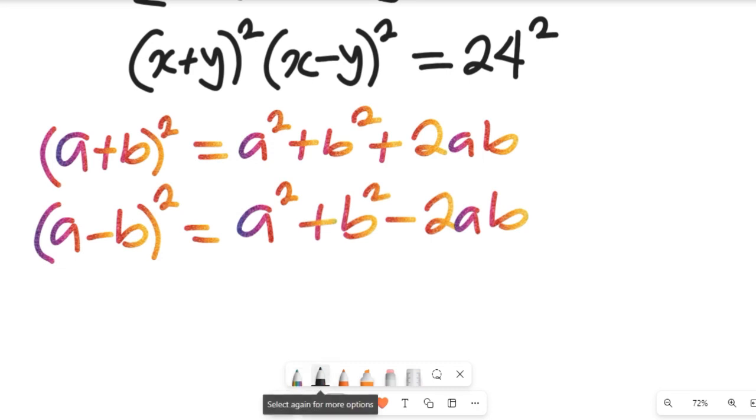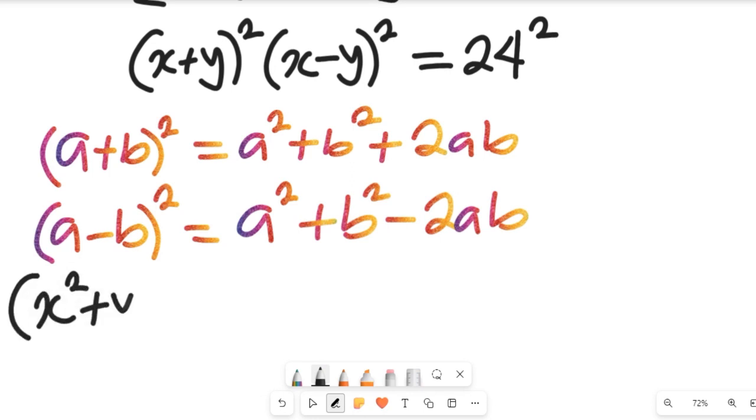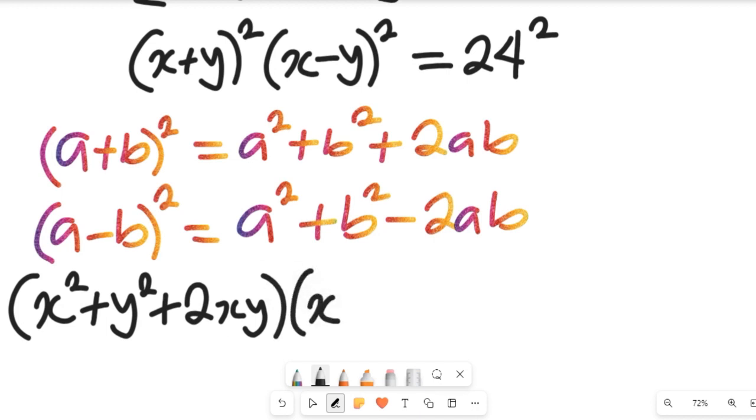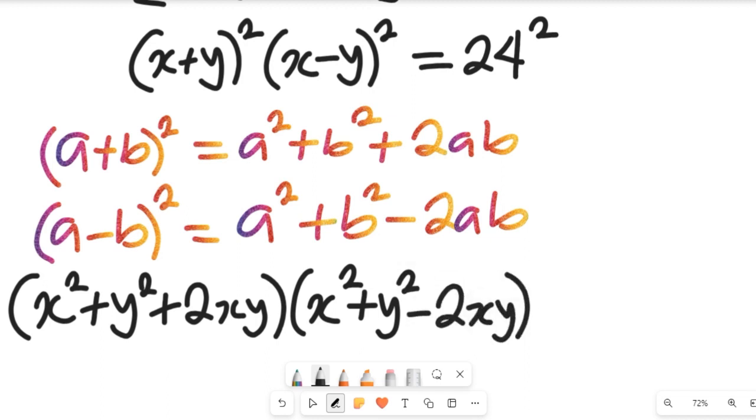If we apply that, it will give us x squared plus y squared plus 2xy, and then x squared plus y squared minus 2xy, and this will be equal to 24 squared.